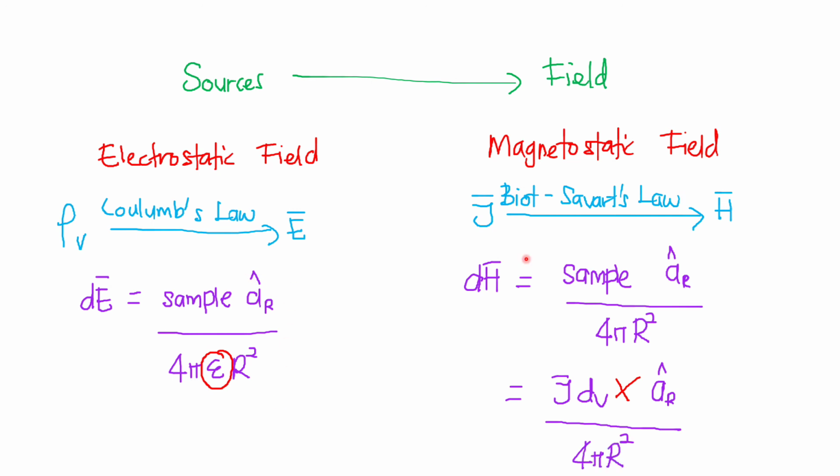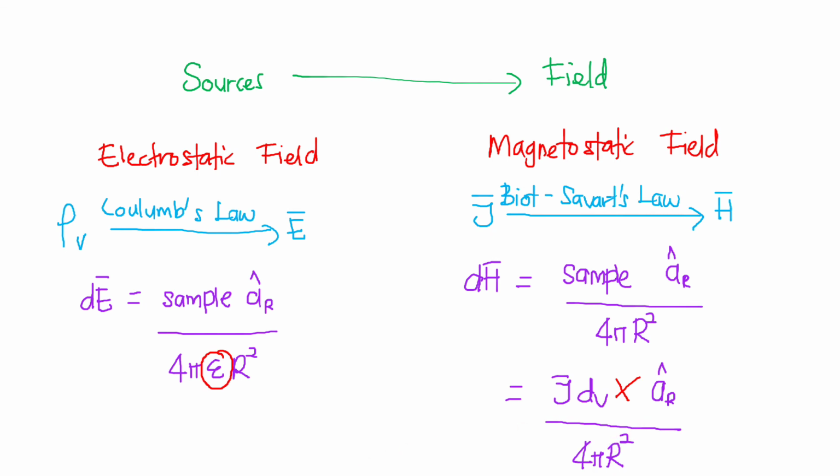So the difference between these two equations is, first, in this one we use a simple multiplication, however in Biot-Savart's law we are going to use a cross product. And the second one, epsilon does not exist in Biot-Savart's law.